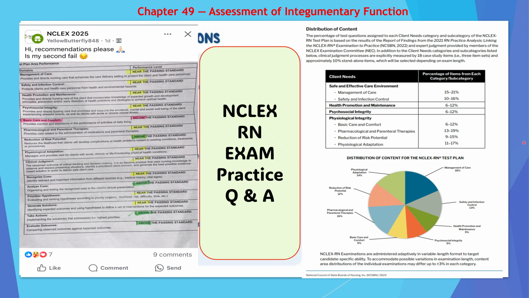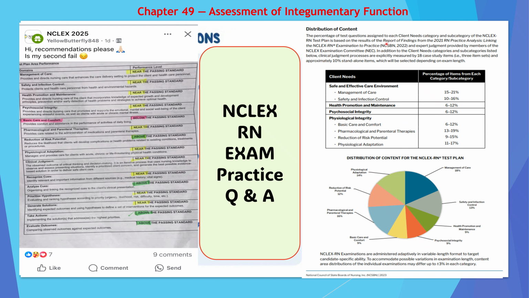So now my focus for today is to show you recognizing cues and analyzing cues, mostly about the skin. Let's imagine NCLEX will ask you only from this chapter, and those 75 questions will be about skin.